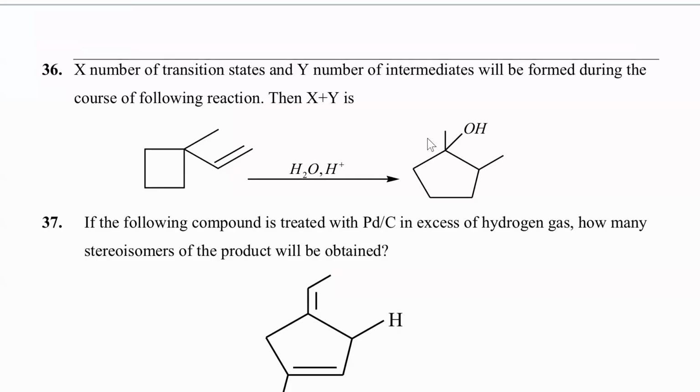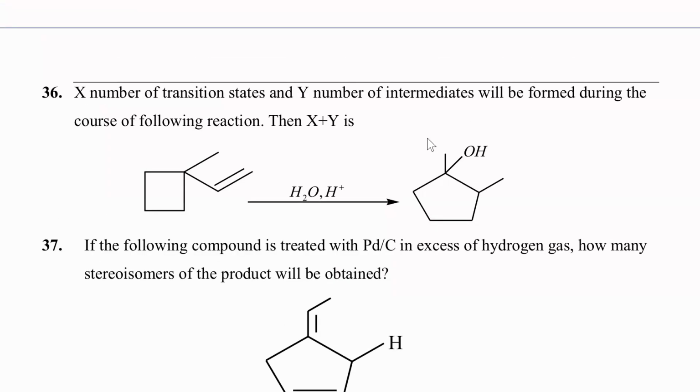X number of transition states and Y number of intermediates. I remember we did a similar type of question. Check out here. If you have this, to get an alcohol, first you have to add H here and the positive charge will come here. Correct? This will go for ring expansion. So you will break the bond here and push into a 5-membered ring. As it forms a 5-membered ring here, you will have a methyl on it, and adjacent to that is also a methyl.